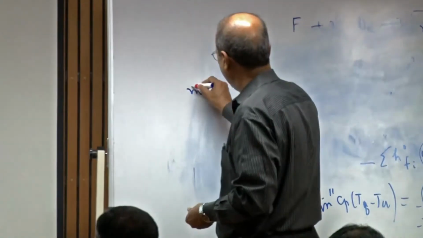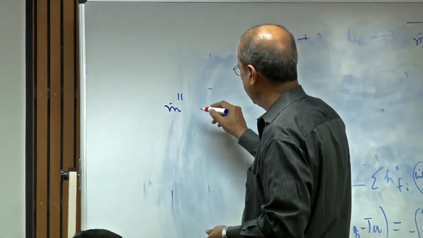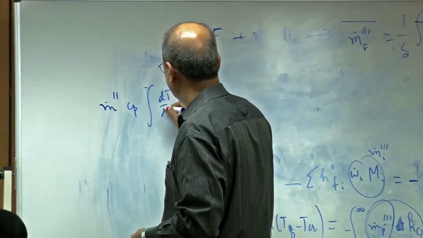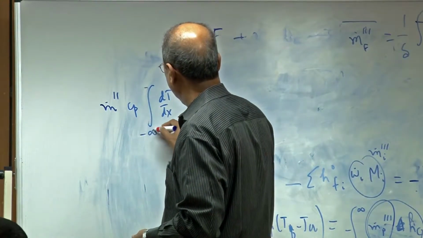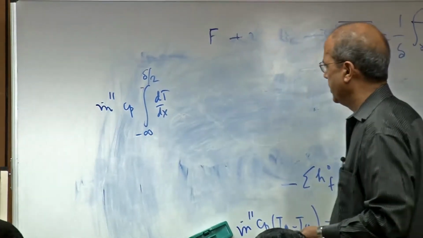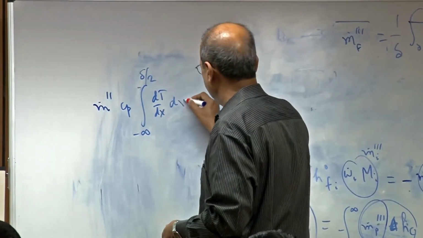So again you have the mass flux Cp, and then we integrate dT/dx from minus infinity to delta over 2, times dx.